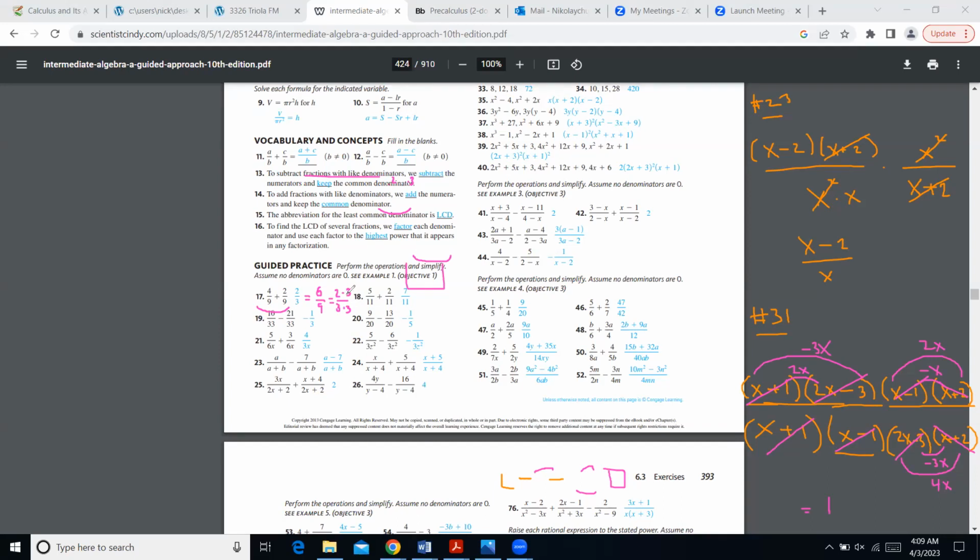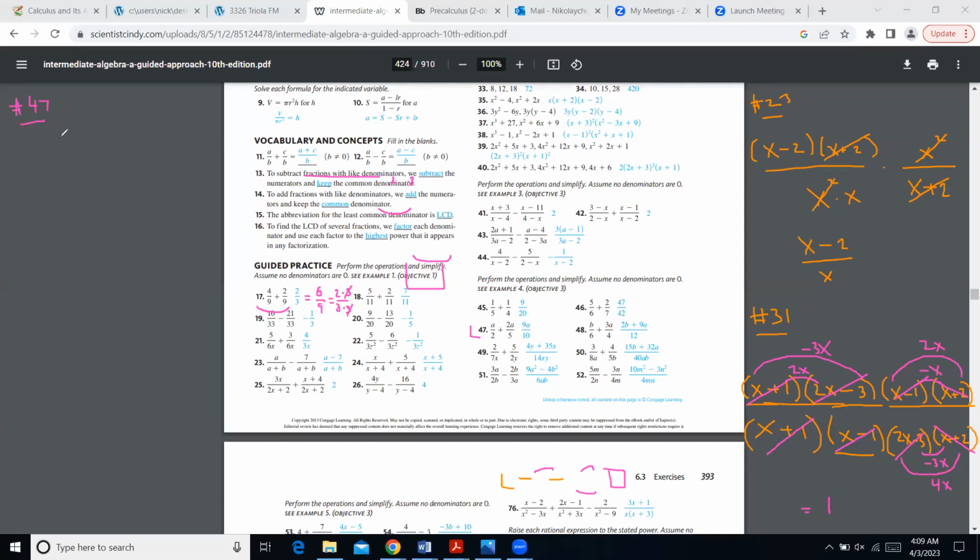So you can cancel the 3 and you end up with 2/3. If your denominators are the same, it's all nice and straightforward. Now, what if denominators are not the same, like in exercise 47?